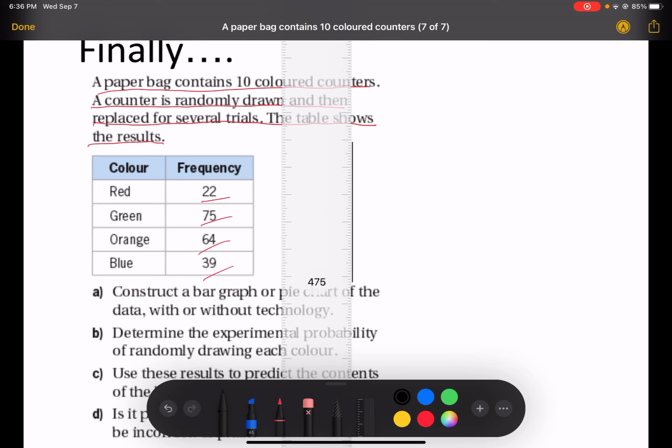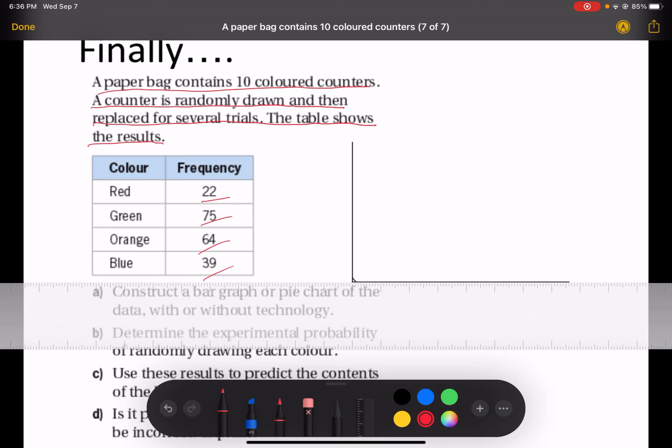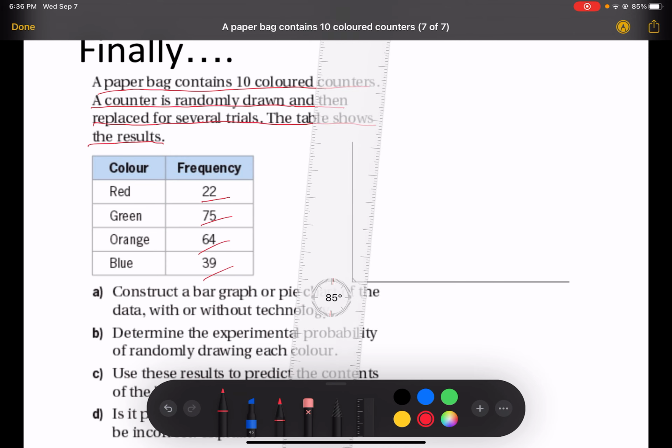So that's basically 10, 22, and then we'll bring it down. And green happens how many times? 75 times? Green happens 10, 20, 30, 40, 50, 60, 75 times.